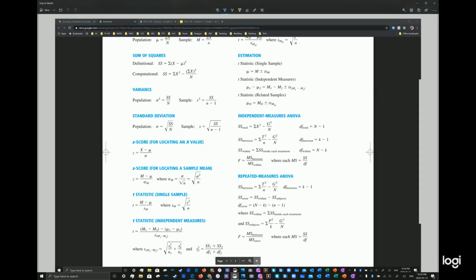Remember, we calculated the standard deviation using sum of squares over n for the population, and for the sample, we use sum of squares over degrees of freedom, which is n minus 1.